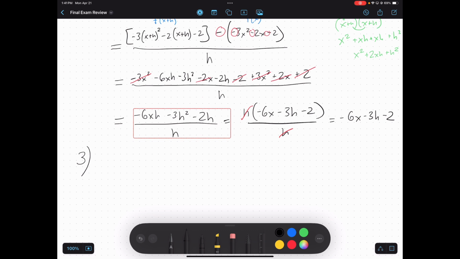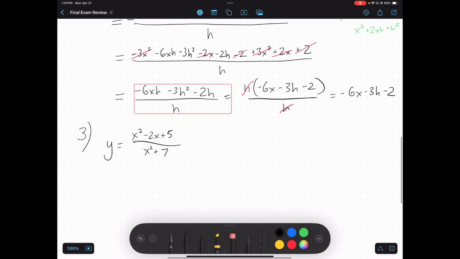For example, with this one, you've got y equals x squared minus 2x plus 5 over x squared plus 7, and I want to find y prime, the derivative.